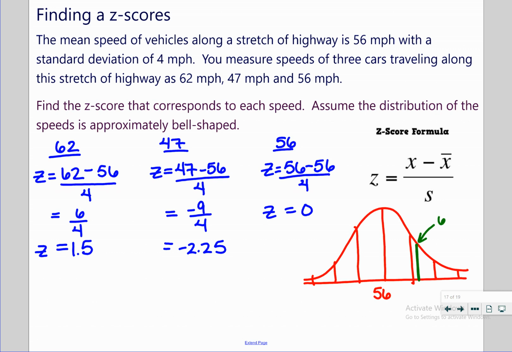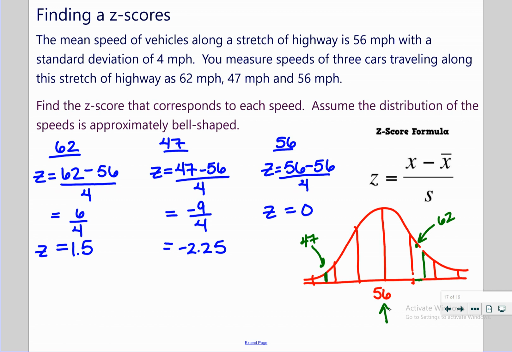It's telling us that it's 1.5 standard deviations to the right. I guess I should make that a little bit further out. Okay. 47, -2.25. So 47 is going to be down there somewhere in my data set. And then 56, of course, is already labeled. We've got that one on there. Okay, so it's just locating something on that bell curve for us, which is going to be important later.